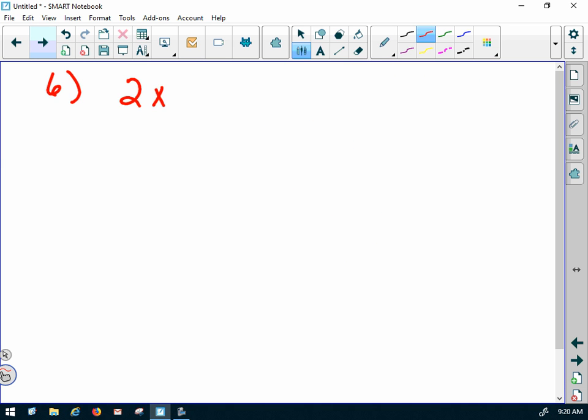2x squared, y to the negative 4th, z to the 0 power, all divided by 4xy squared. Folks, we got a lot of multiplying going on here. This one has a lot of stuff, different ways we could do this problem, okay?